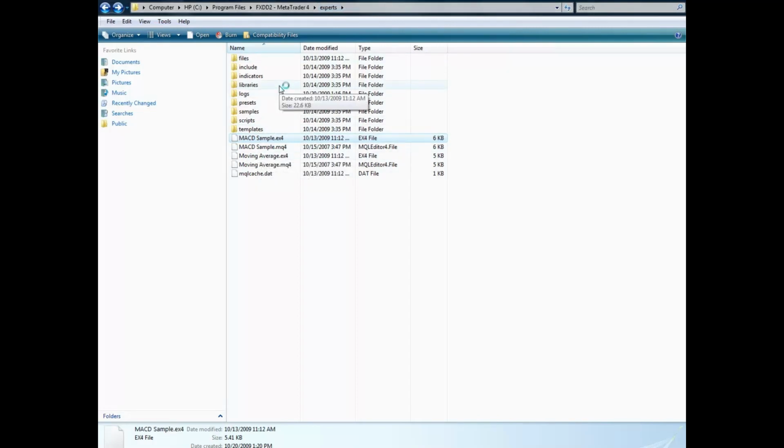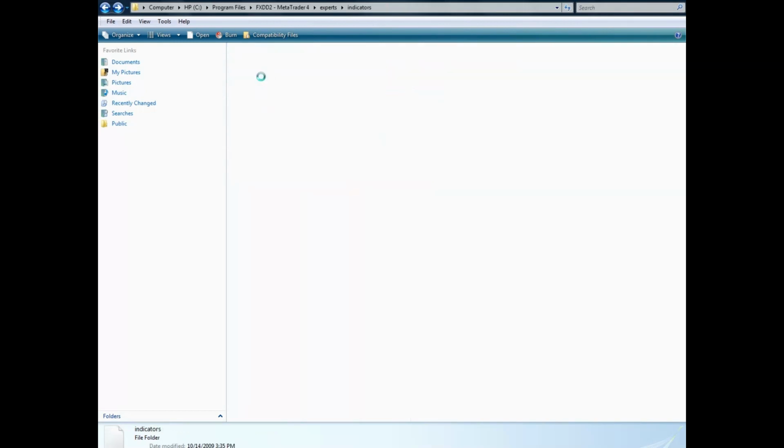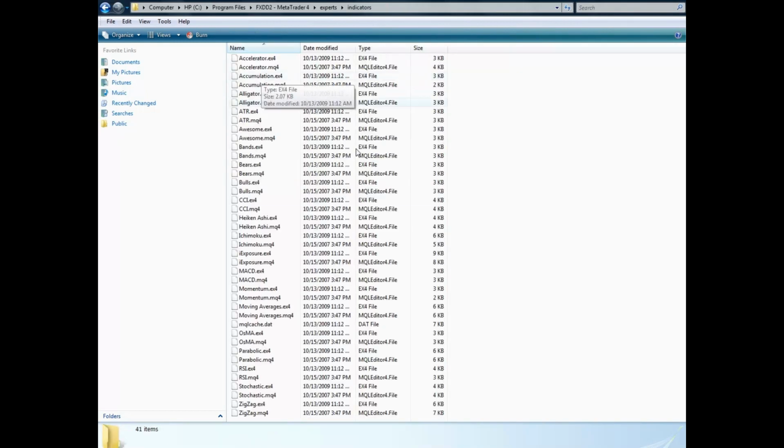Now in a subdirectory of that called indicators is where you would place any indicators you would have. You download an indicator, you buy a new indicator and download the EX4, and you want it to be in here, so it'll show up in the navigator window.